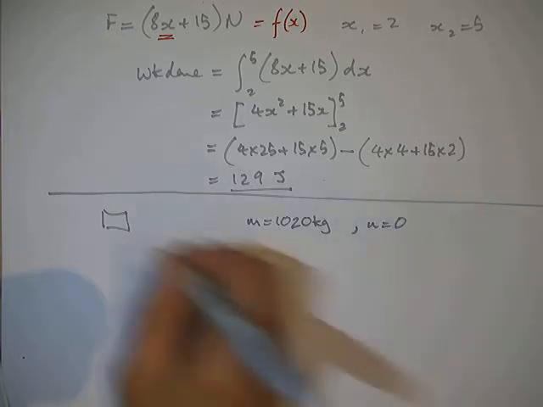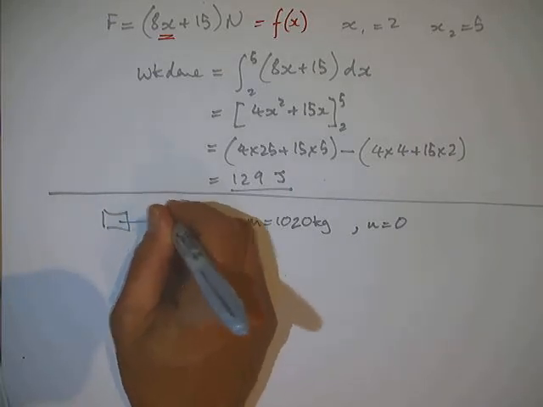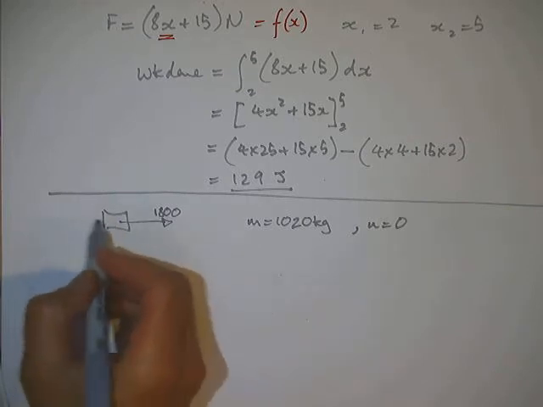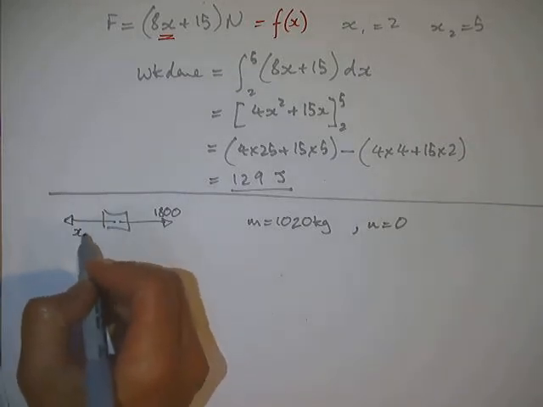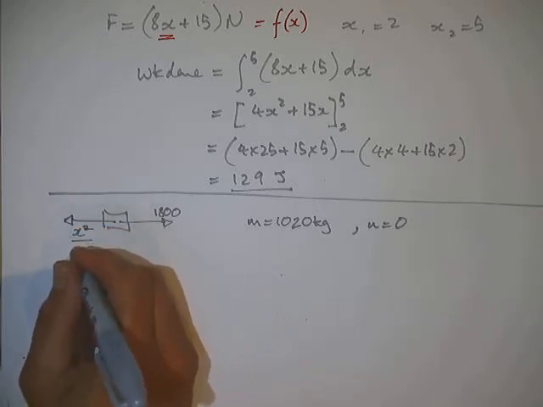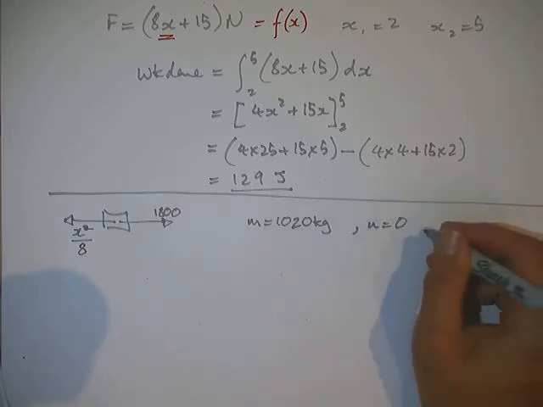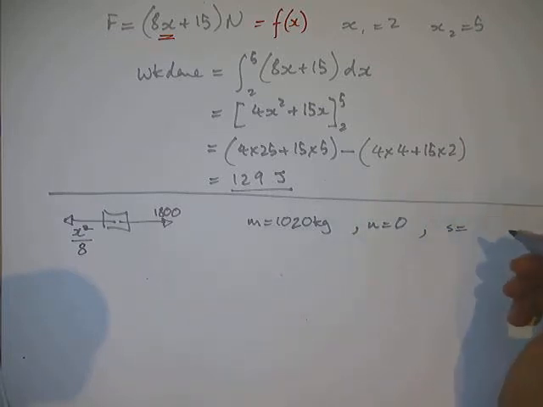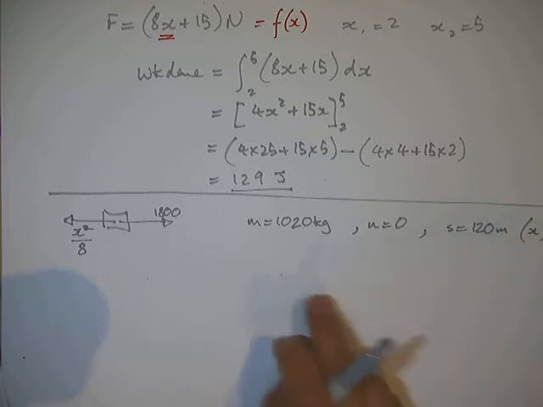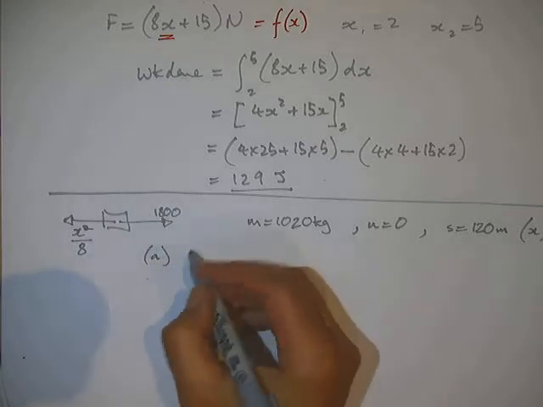The driving force is constant, but the resistance is modelled as increasing with displacement, and it travels 120 meters. Perhaps I should be using x there. Find the work done by the driving force and the work done against resistance. It wants us to separate them out.